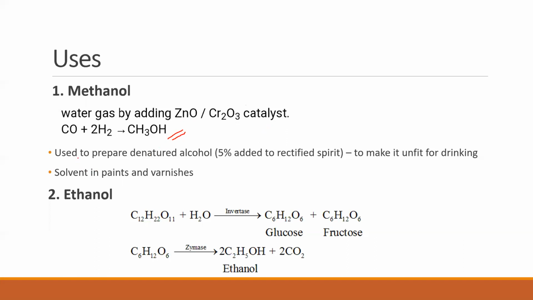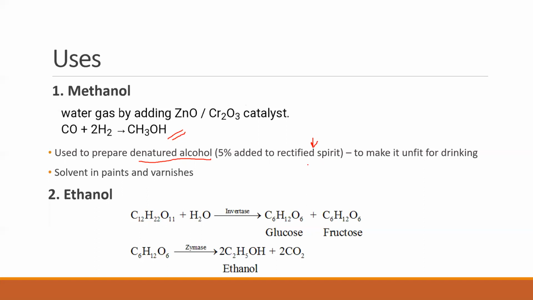Now, why is methanol used? It is used to prepare denatured alcohol. Now, what is denatured alcohol? 5% of methanol is added to rectified spirit. This is again something that you came across in school. What is rectified spirit? Rectified spirit is nothing but 95% of absolute alcohol and 5% of water. 100% alcohol is absolute alcohol. 95% alcohol and 5% water is called rectified spirit.